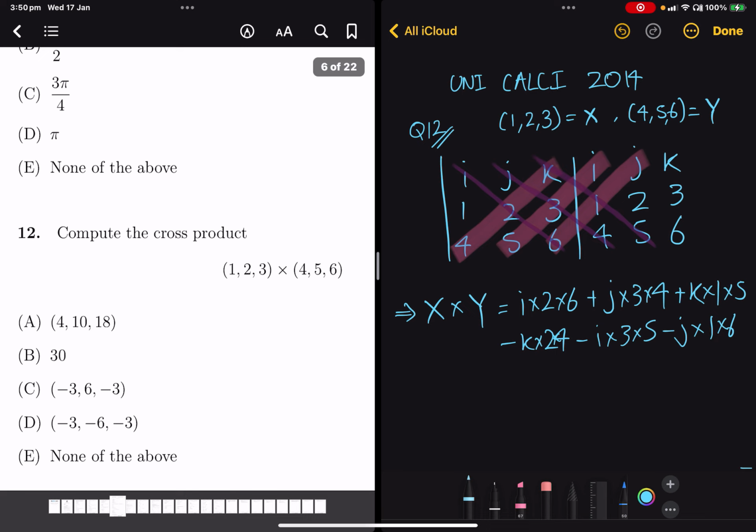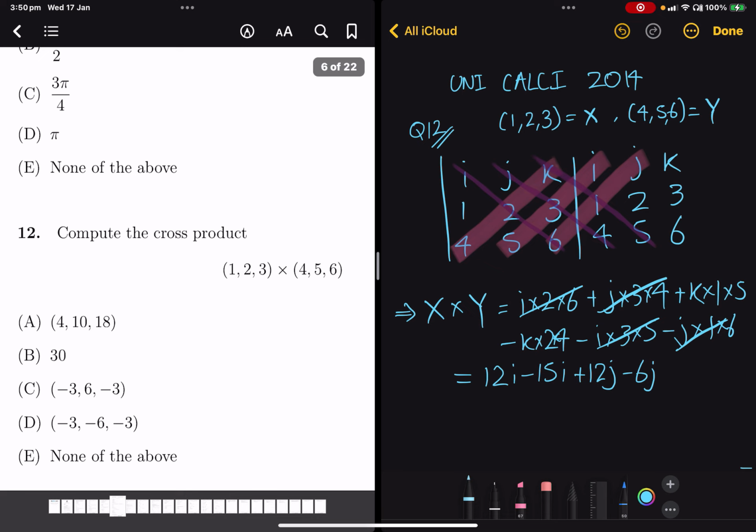And now we just have to simplify this. So we get i times 2 times 6, that's 12i. And then we have minus i times 3 times 5 down the bottom, that's minus 15i. 3 times 4 times j, that's 12j, and j times 1 times 6, that's minus 6j.